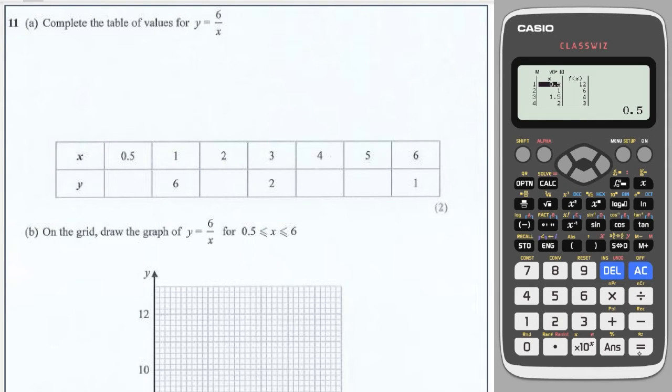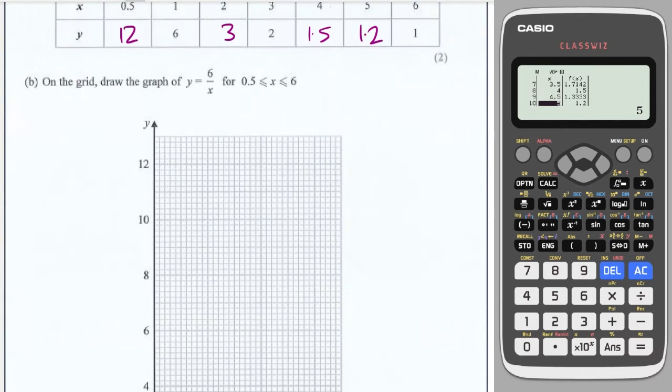Okay, so the first one's 12, number 2 is 3, number 3, oh, we've got that one already. Number 4 is 1.5. Number 5 is 1.2. And we're done.